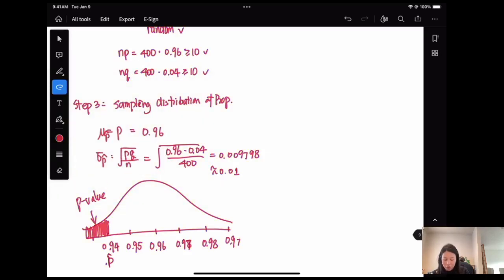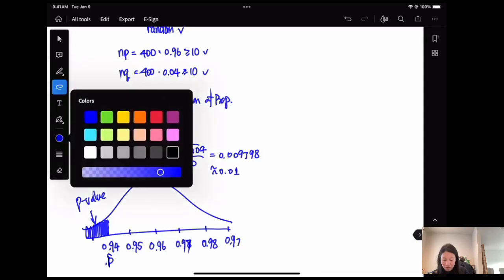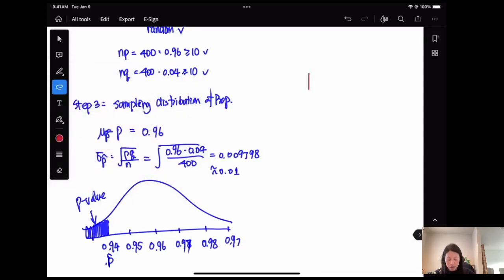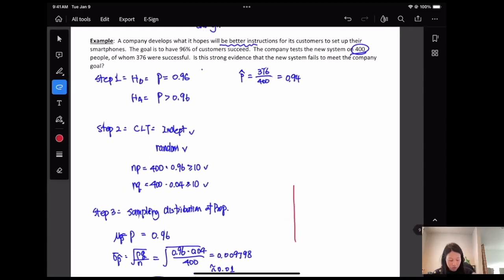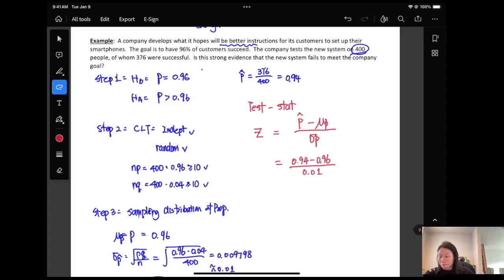After that, we also need to do the test statistic. For the test statistic, we want to find the z-score, which is our p hat subtract our mu of p hat, over sigma of p hat, which is 0.94 minus 0.96, and our sigma is 1%.